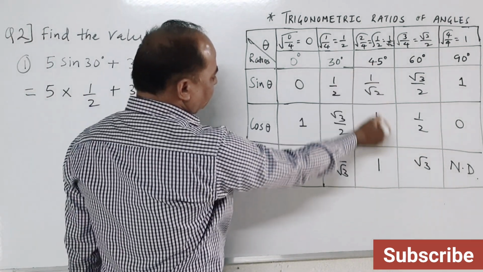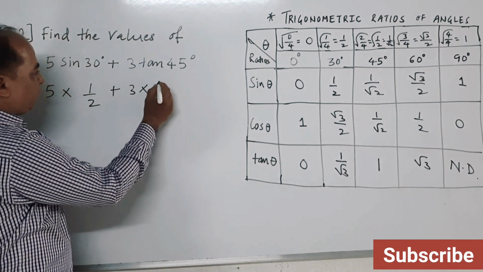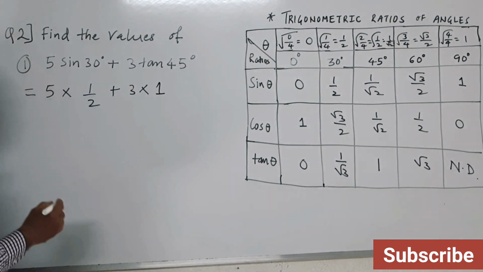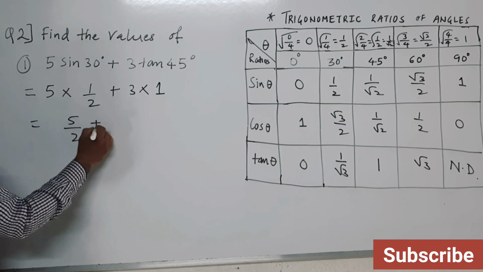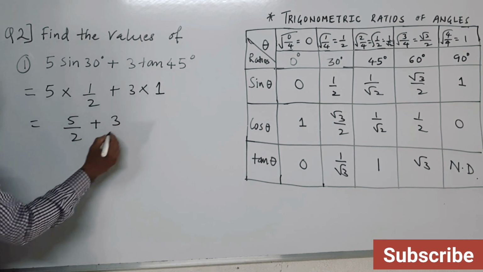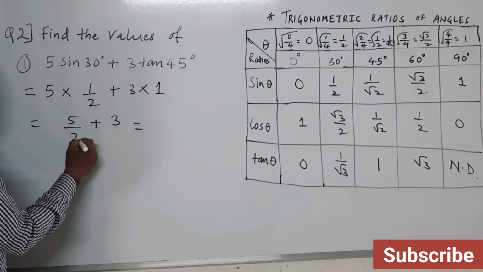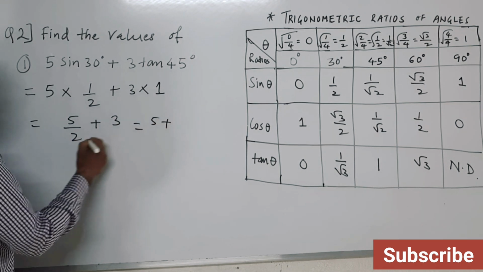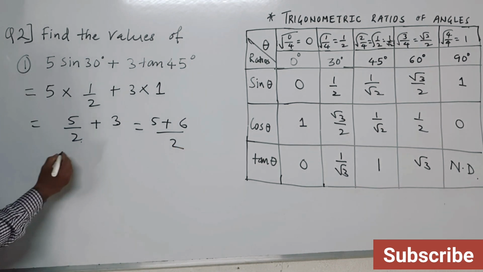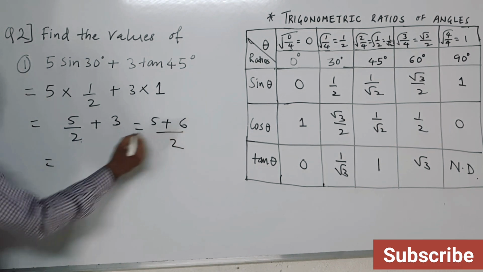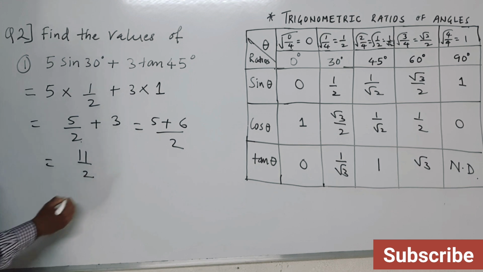Tan 45 from the table is 1, which is equal to 5 ones are 5 upon 2 plus 3 ones are 3. Do the cross multiplication here. So 5 plus 3 twos are 6 upon 2, which is equal to 5 plus 6, 11 upon 2.